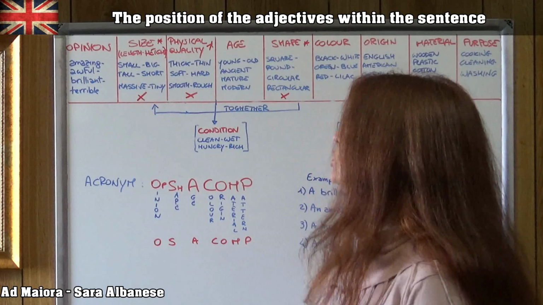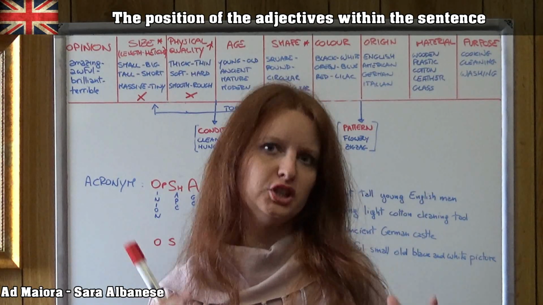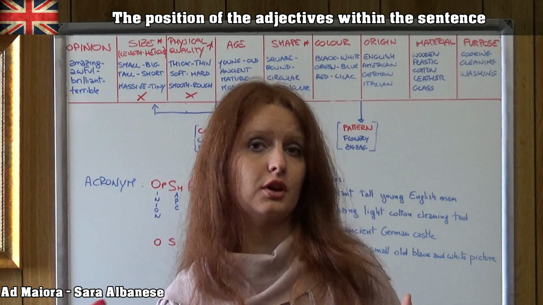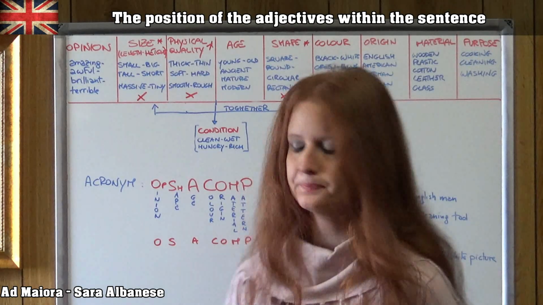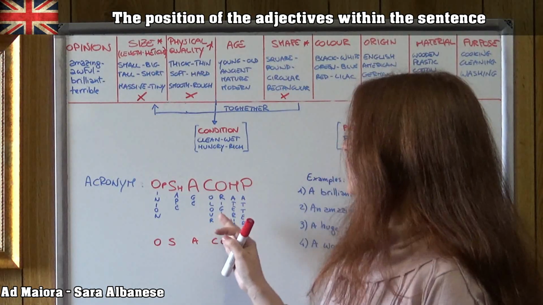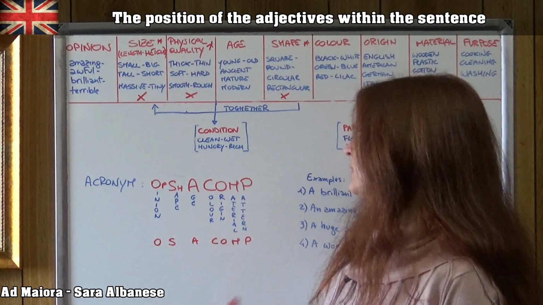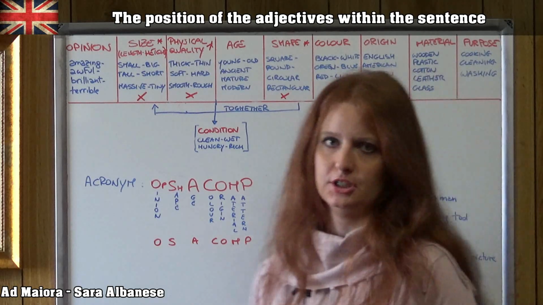You see that I always spell color using OU in the British version, but you can find also color just with the O without U. This is the American version. So C, then O again, and this O is origin, then M material, and P pattern.